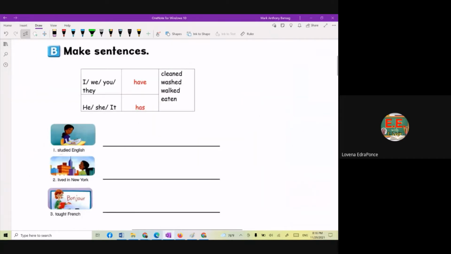Okay, and to make sentences, we are going to use A, B, and C. A is our subject pronoun, B our verb, and our actions. For example, number 1, she, we're going to use has.